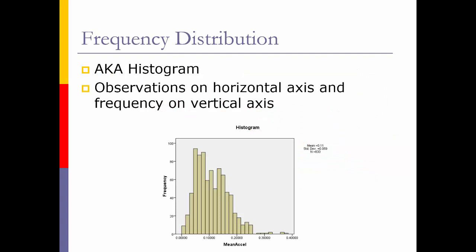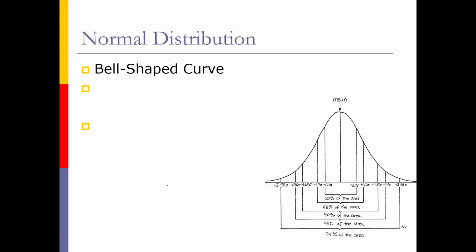When we talk about frequency distributions, we generally refer to this as a histogram. So the frequency is on the y-axis and the observations are on the x-axis. And we like to compare that frequency distribution to a bell-shaped curve, otherwise known as the normal distribution.